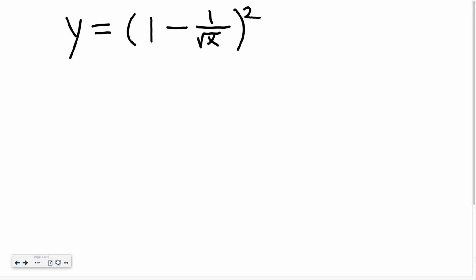One half x to the negative 3/2. Yeah, that's done. So 2 times (1 minus x) to the negative 1/2 times 1/2 x to the negative 3/2.